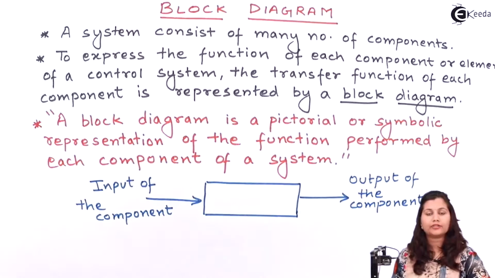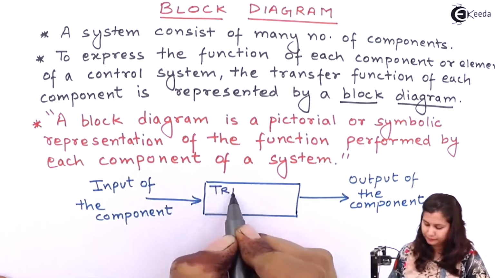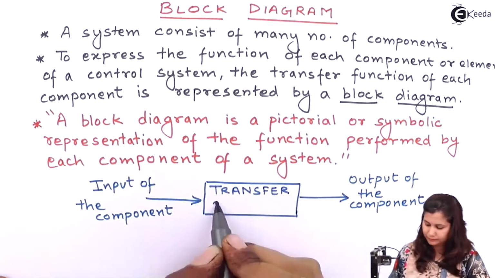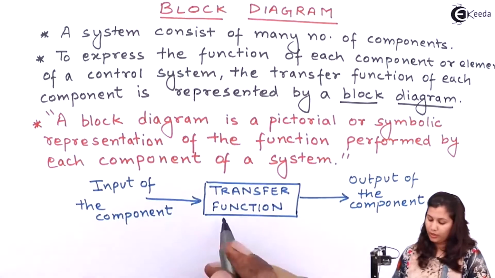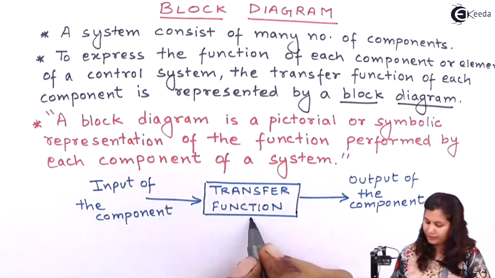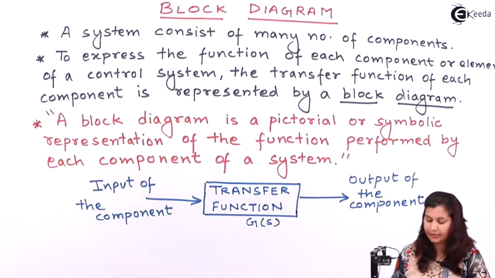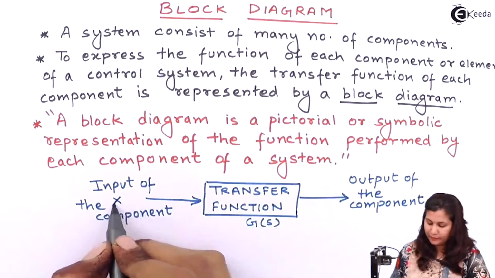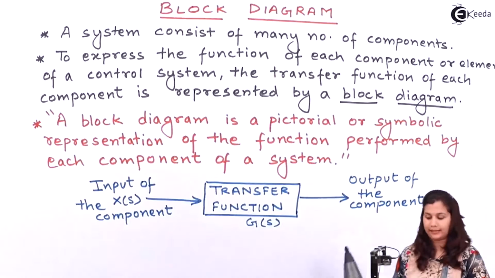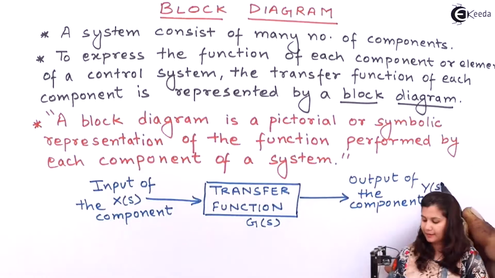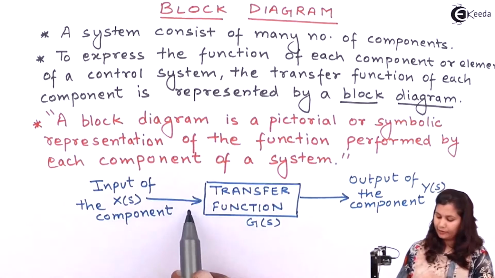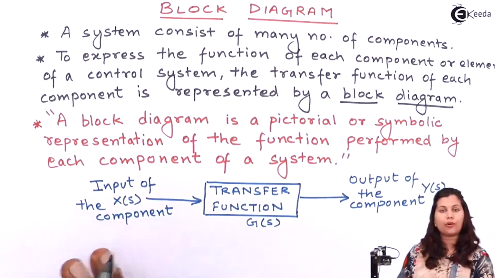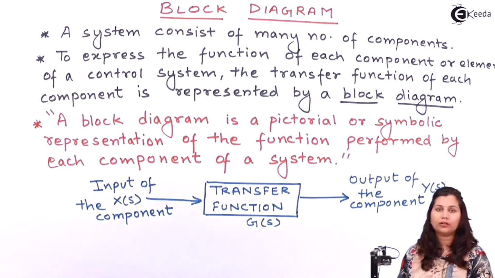This block is showing the transfer function of the component. So this transfer function can be represented as G(s). The input is represented as X(s), and the output is represented as Y(s). Okay.